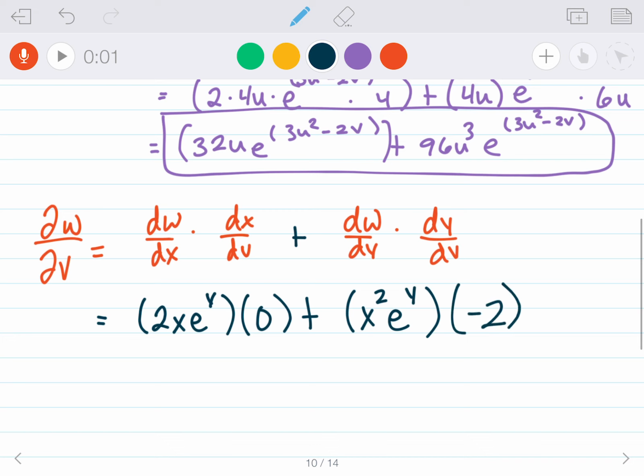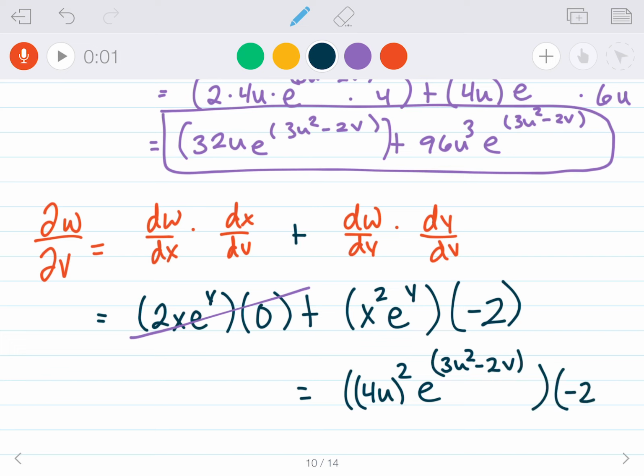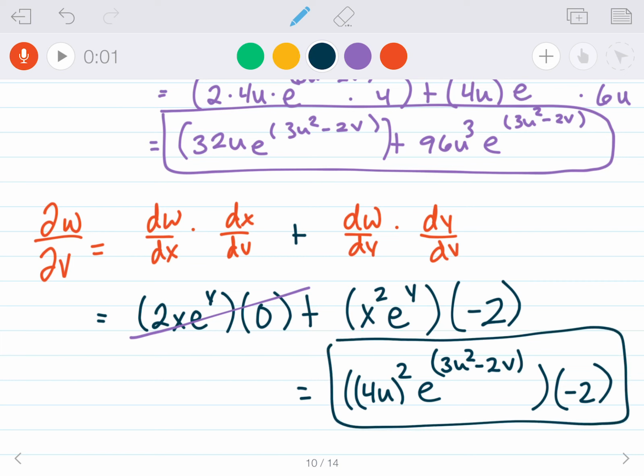The last thing I want to do is sub in my x's and y's in terms of u's and v's. First of all, this clears to 0, so I don't even have to worry about that. For x squared, x was 4u, so we have (4u) squared e to the, and y was 3u squared minus 2v, times negative 2. And that is our answer. That is the partial derivative of w with respect to v.